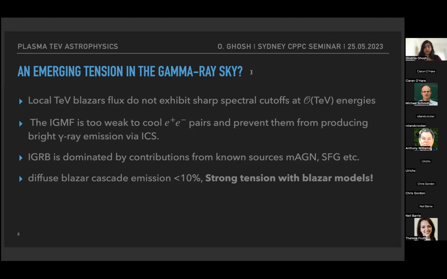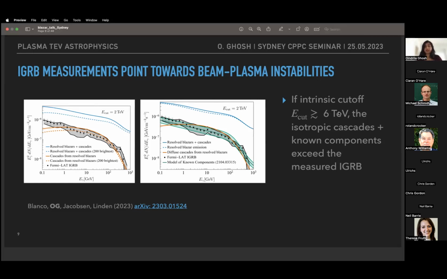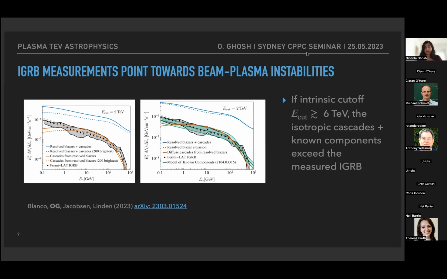So with Tim Linden, Sunniva Jakobsen, and Carlos Blanco, we did this analysis where we looked at isotropic gamma ray background measurements, and we found that if the intrinsic cutoff for these blazars is above 6 TeV, then if you take into account the cascades from these blazar emissions, as well as the known astrophysical sources contributing to the IGRB, the total contribution seems to exceed the measured IGRB.